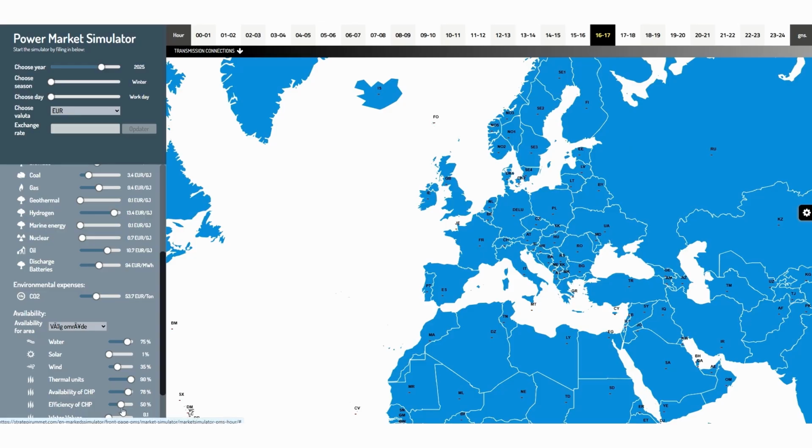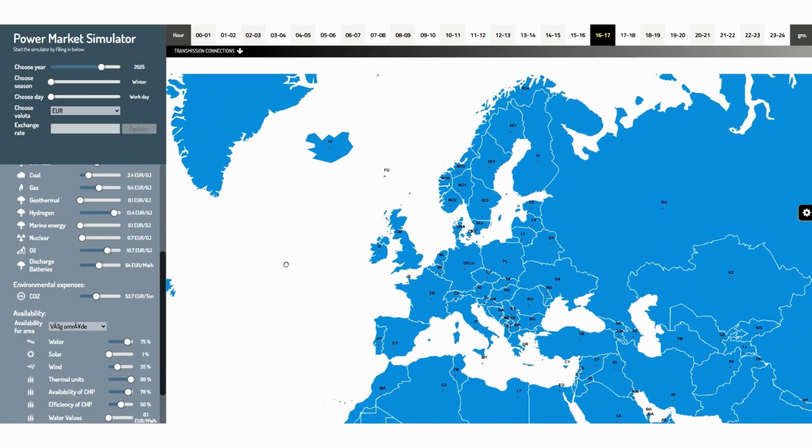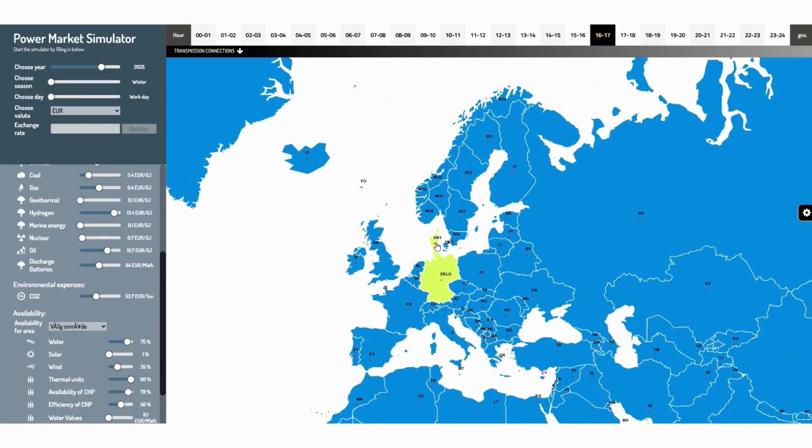We should keep these values here. And then we should do a calculation on Germany and the Nordic countries.